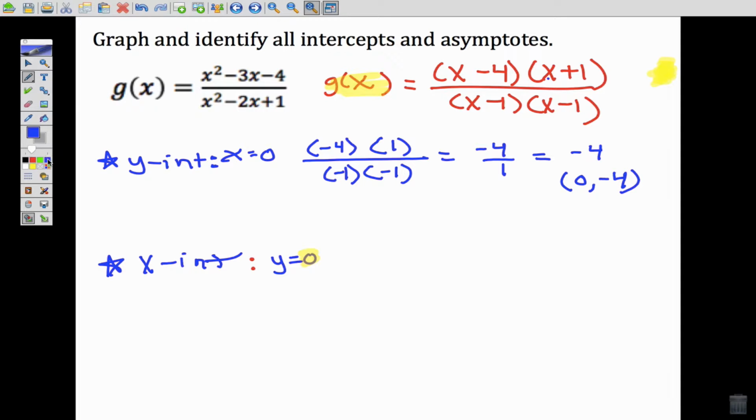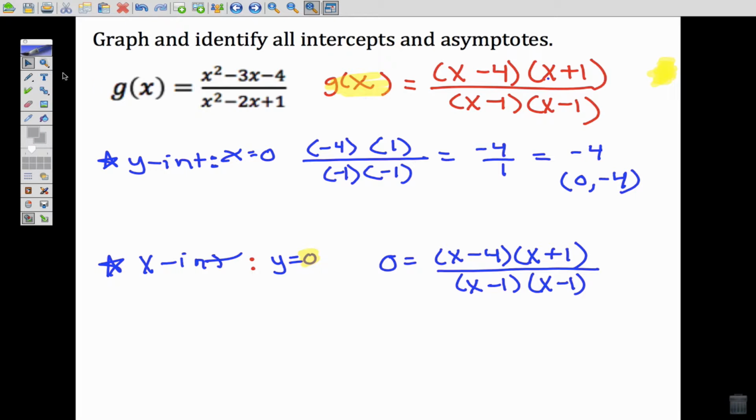So then what we have is 0 equals, and this is where the factored form is going to be more efficient, so use the factored form, divided by x minus 1 times x minus 1. So again, we're just plugging in 0 for the output, or the y, however you want to think about that.